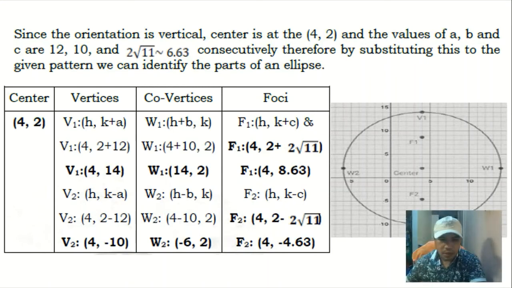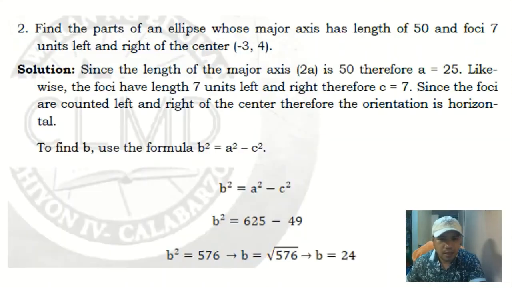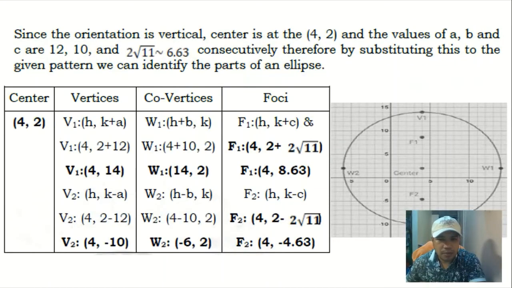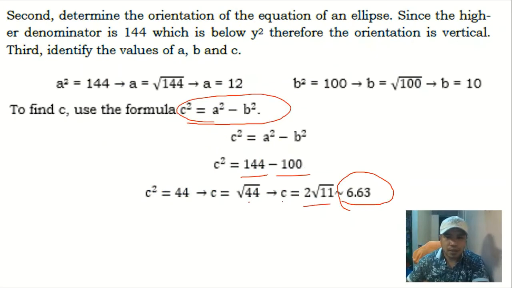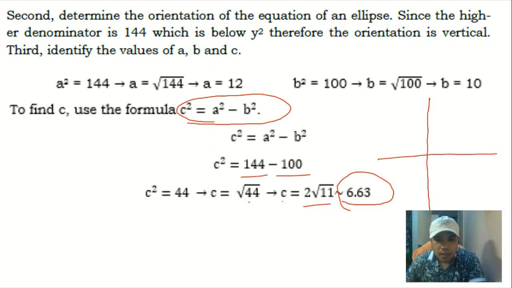Okay, so the orientation is vertical. Ito ay mukhang horizontal. So, another vertical example. Ang A is 12. 3, 6, 9, 12.